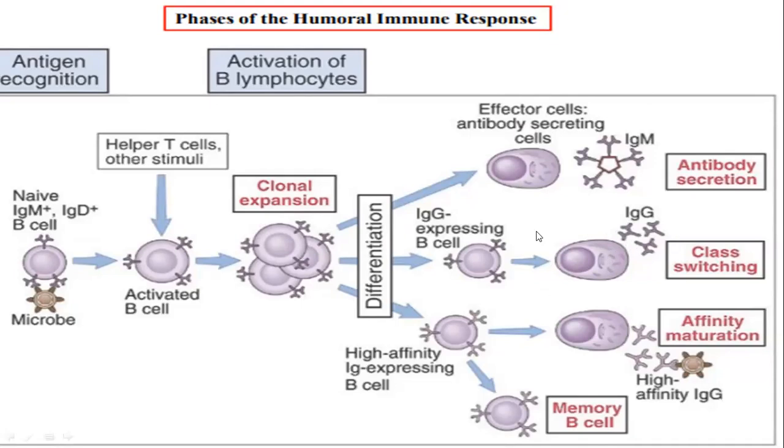So predominant IgM is usually released in the primary immune response, and predominant IgG is released in secondary and tertiary immune responses. And then of course, we have got the memory B cells, which we'll talk about in just a few minutes, that are also being classified.